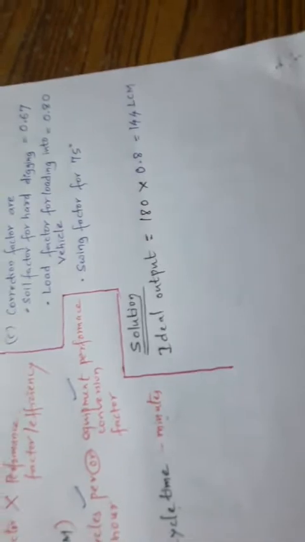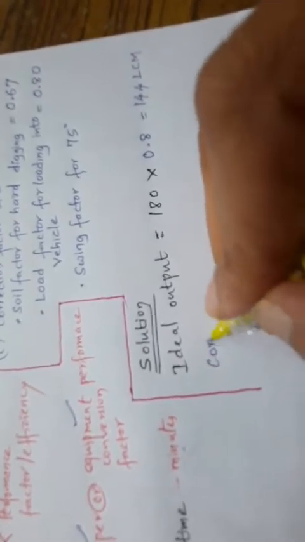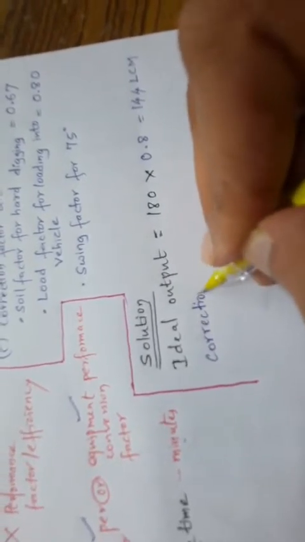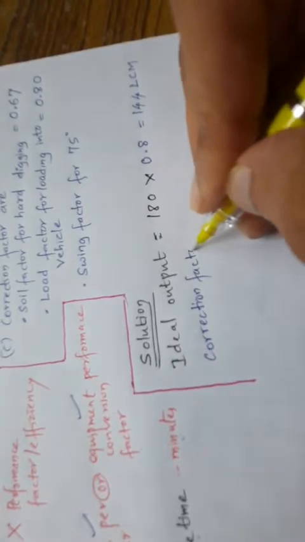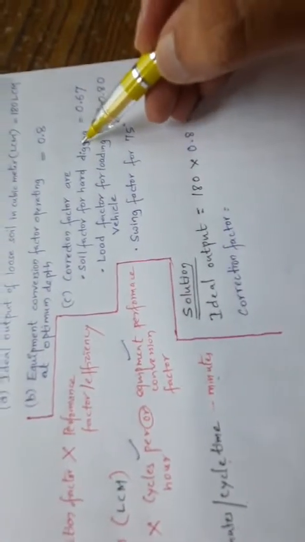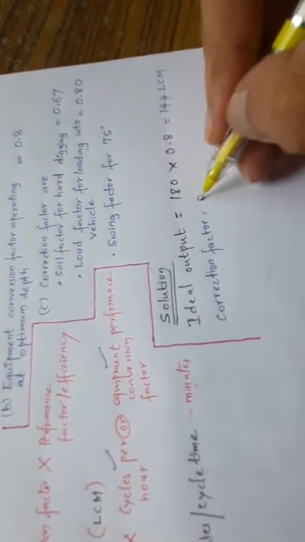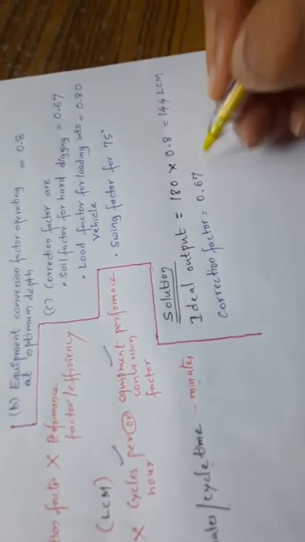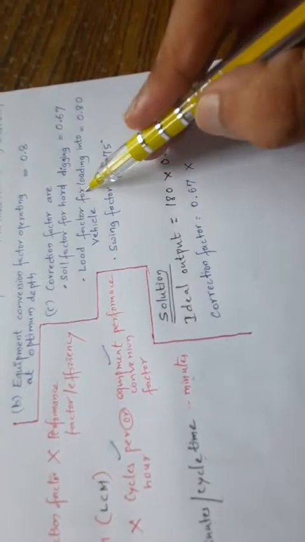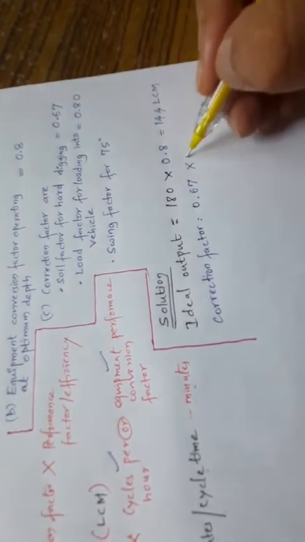Next is to find the correction factors. The correction factor is nothing but what all they gave. Soil factor at hard digging they gave is 0.67. Load factor for loading into the vehicles 0.8.